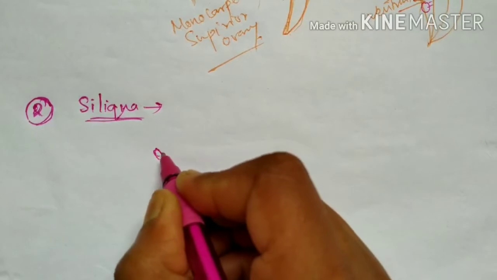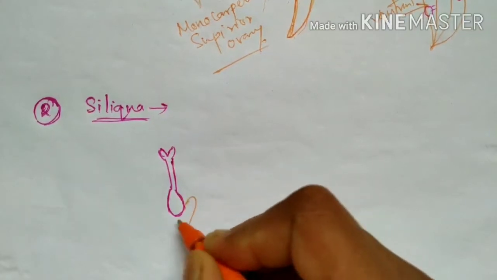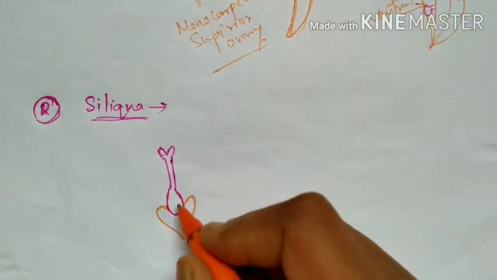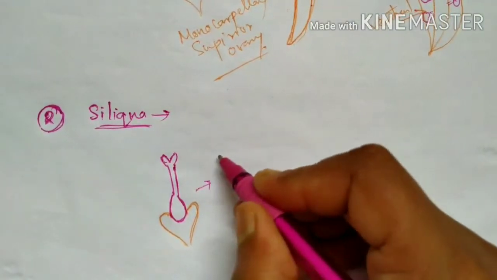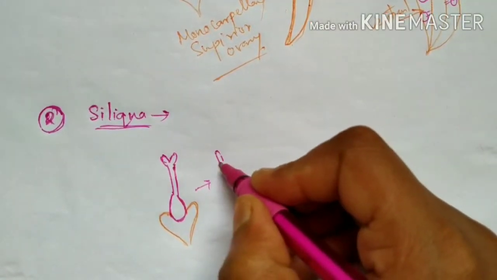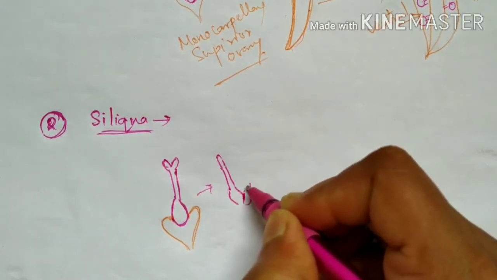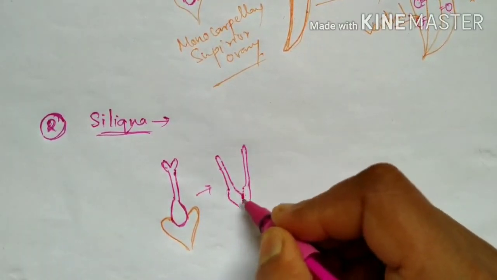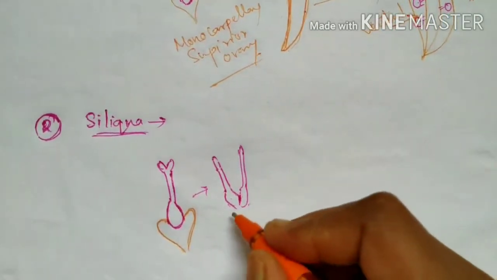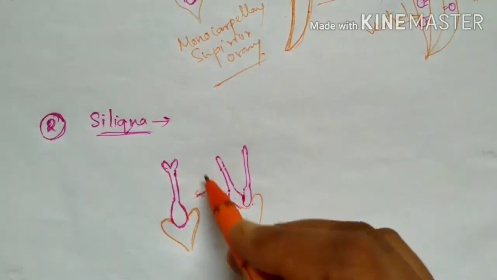Here two carpels are present and the ovary is superior. We can also draw this as a single carpel and a second carpel; after fusion of these two, this type of carpel is produced. So after fusing, it looks like this: a bicarpellary superior ovary.